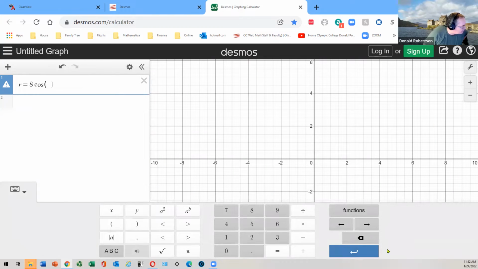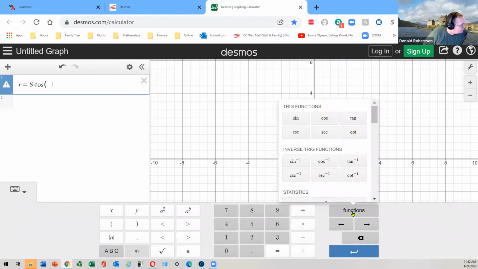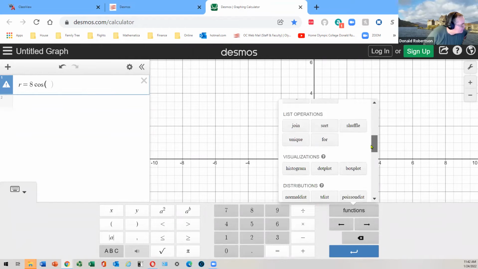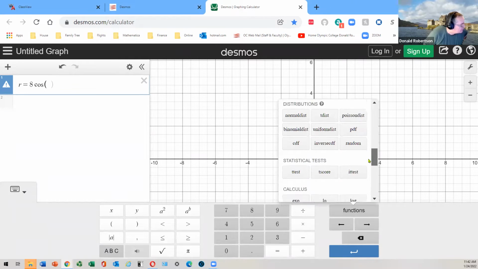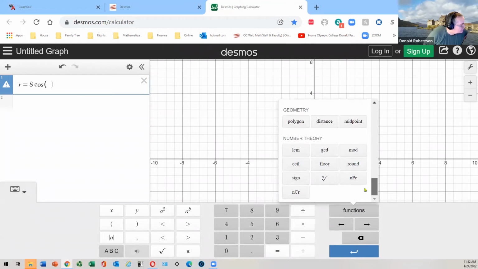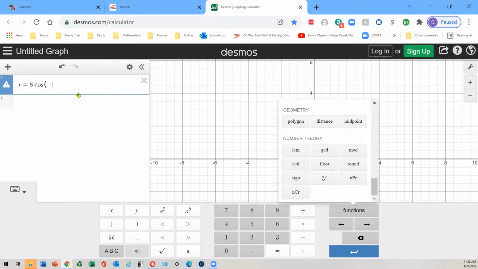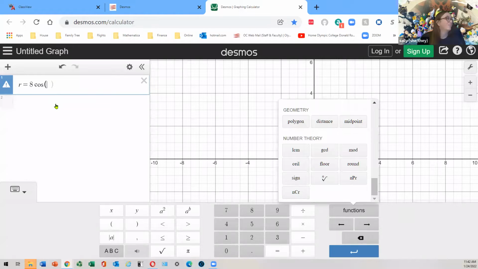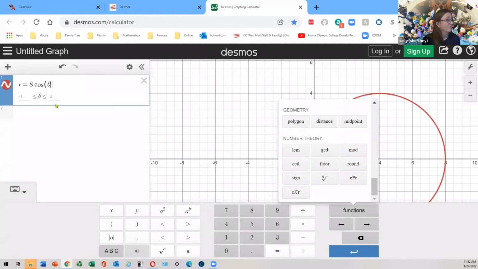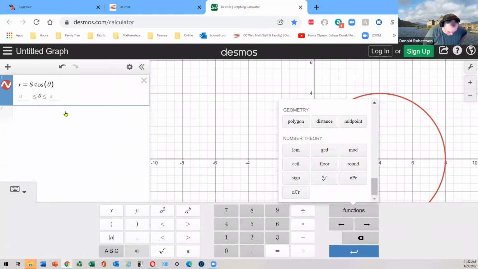Where's the variables hiding? In functions? No. Scroll down. Try to find variables. You can just type in theta. Okay, so it's hidden somewhere. There it goes. You see our guy?